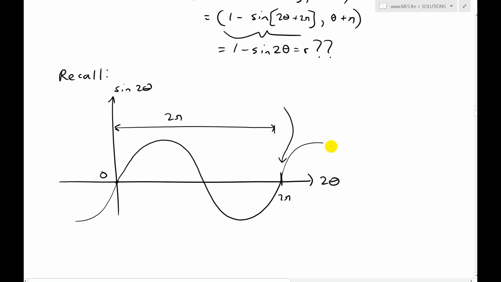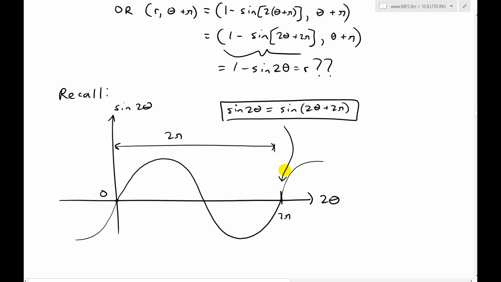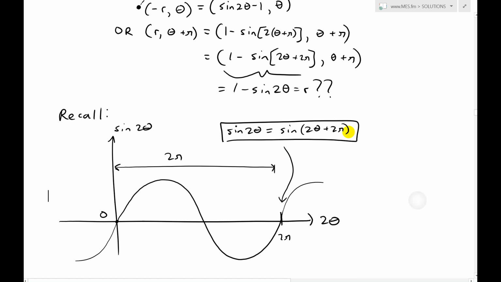We're just shifting it all the way by 2 pi. So sine 2 theta equals sine of 2 theta plus 2 pi. So it's exactly the same thing. Or you could just use the trig identities that I've covered in my earlier video. So that's the same thing as this one right here. So this is actually true.